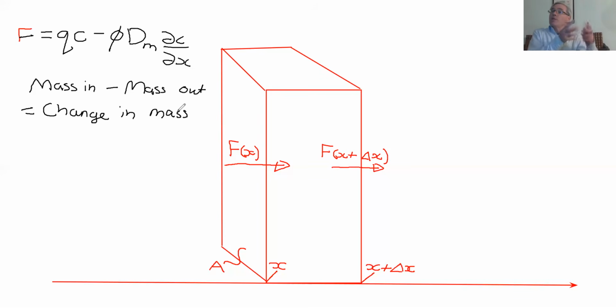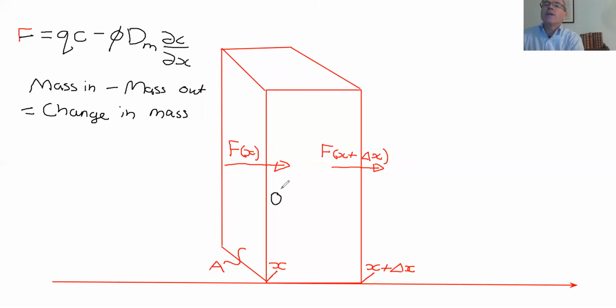We've got something dissolved in the water, it's flowing into the box, and some of it's flowing out. And of course, there's some mass of solute in this box shown in red. So we're going to consider a small time delta t, and say, within that small time delta t, how much went into the box, how much went out, and that must be equal to the change in mass.